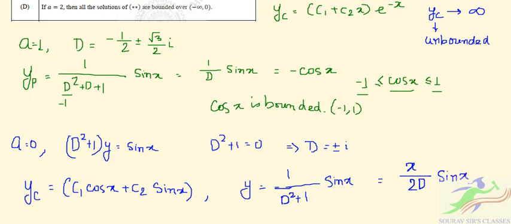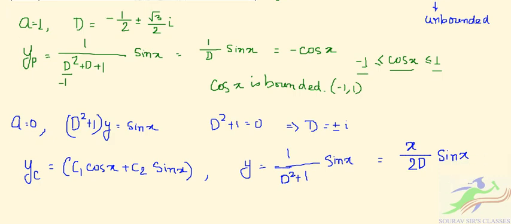Now doing the integral, it will be minus x by 2 cos x, right?